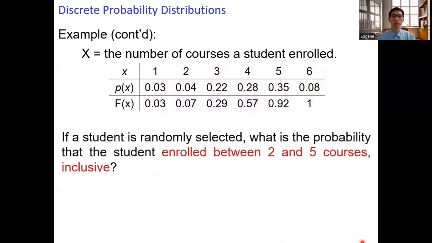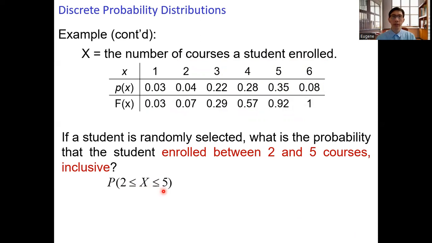Let's move on to the next one. What is the probability that the student enrolled in between 2 and 5 courses inclusive? Write out the corresponding probability statement. We have the probability that X is greater than or equal to 2 and less than or equal to 5.